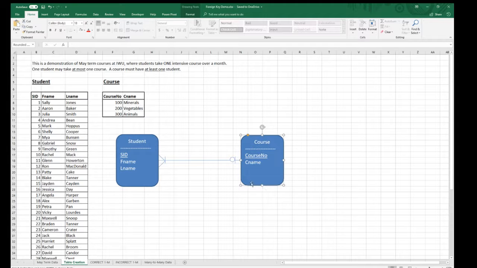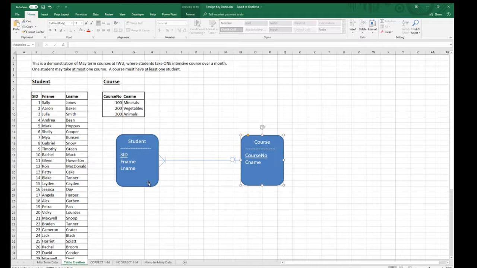If I take the case of one course, an instance of a course like 100 minerals, I'm asking myself, what's the maximum number of students that can be enrolled in that course? Well, that's going to be many. So notice the crow's feet are on this side.